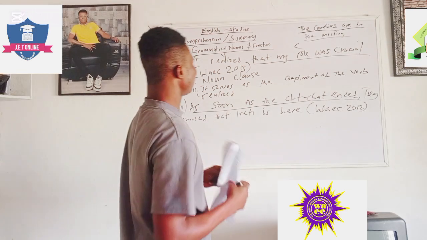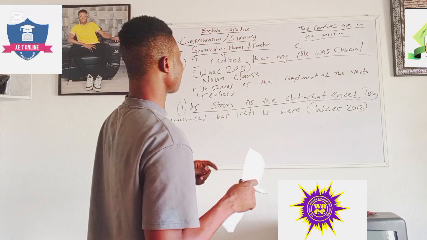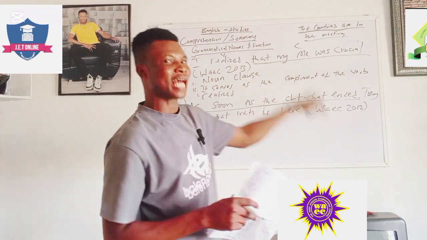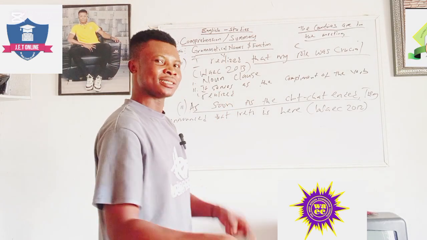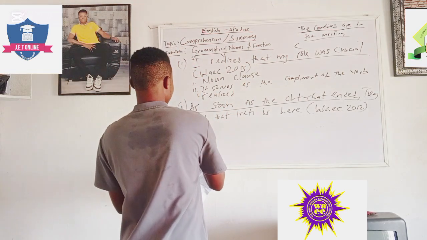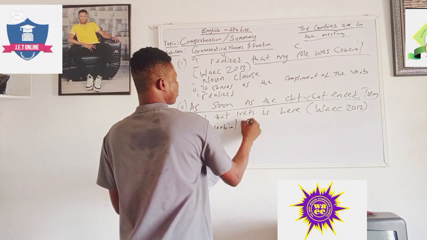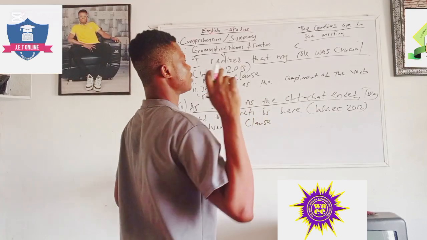For you to know the type of clause it is, you see an element of time. As soon as the sheet chart ended, that is an adverb of time. You understand me? As soon as, that is time. So the grammatical name is what? Adverbial clause. And the function will be what?